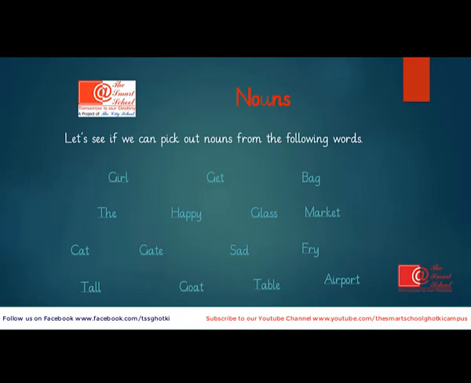Airport. Do you think airport is a noun? Yes, airport is a noun because it's a name of a place. Goat. Yes. Goat is also a noun. It's a name of an animal. Cat.